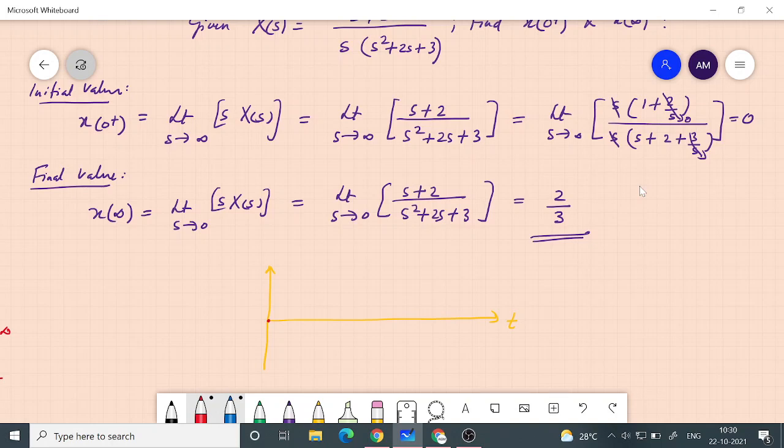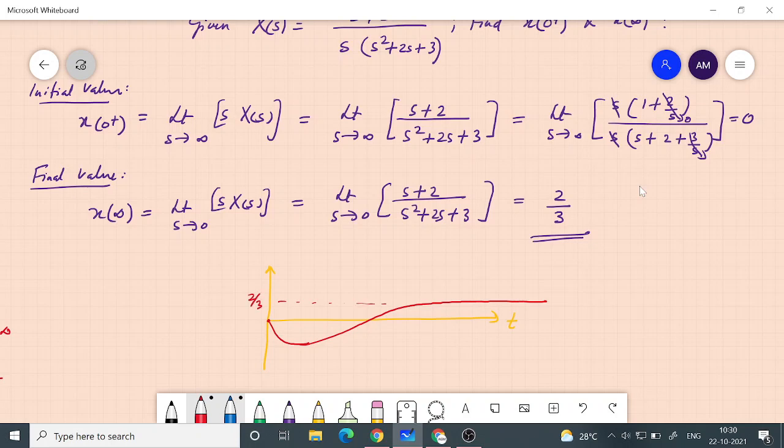But to know exactly the form of the function, we need to find the inverse, no other way. All we are saying is the final value. Suppose it goes down and then like this, and then finally goes to this, something like this. So this will be 2 by 3.